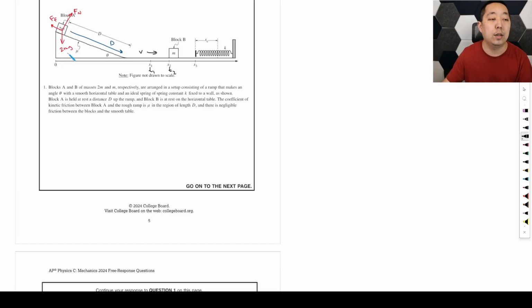Instead we account for that with the gravitational potential energy, which is mgh. Now what is the height here? The height has to be in some of these things, so here's h, and because d is the hypotenuse, and this is theta, this has got to be d sine theta, right?